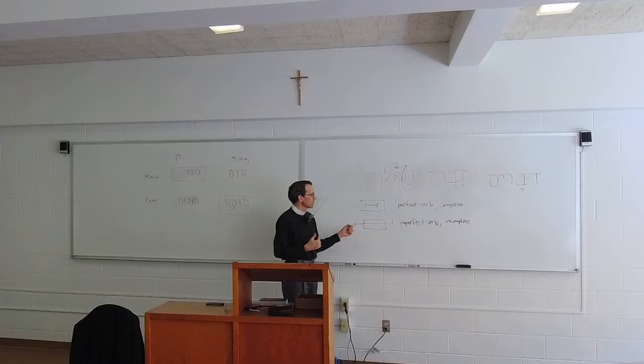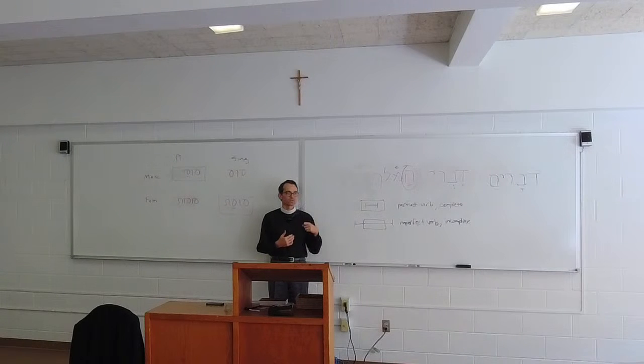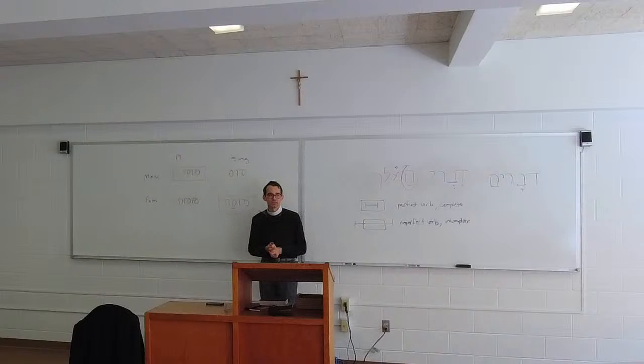And the imperfect will tend to be used to express actions in the present and the future, right? Because that's how we tend to experience those actions in the present and the future, as ongoing. And so our default translation to give a maximal differentiation is to use the future translation for yishmor, he will guard. Just as a default, we have to have it in tense, in time, in English.